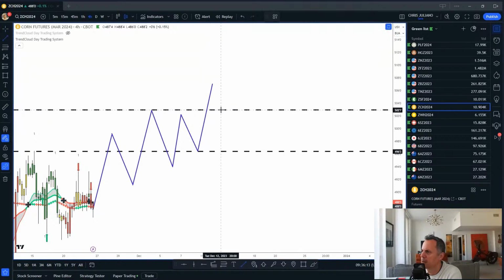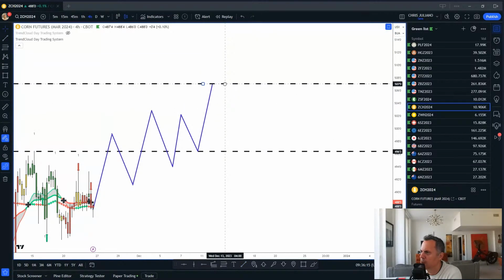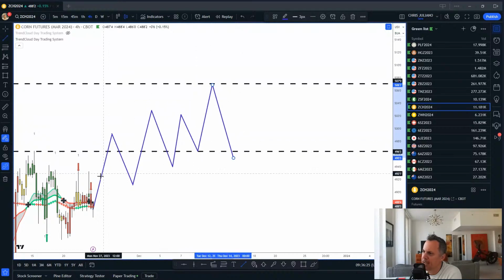Pulls back, and then this would go here. And again, pulls back. Maybe this pulls back really deep and just breaks below this level. Now you can say, through price action, okay, this uptrend is terminated according to price action.